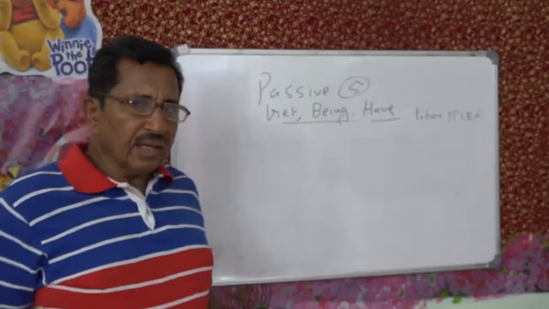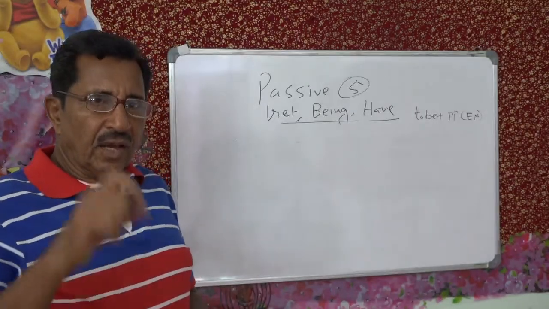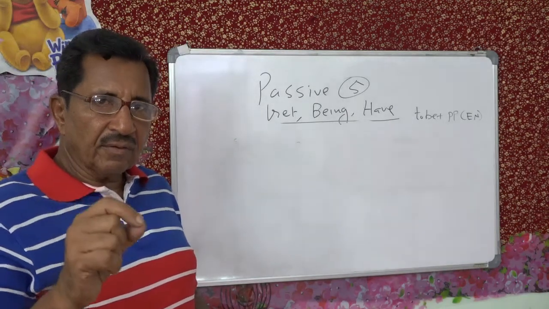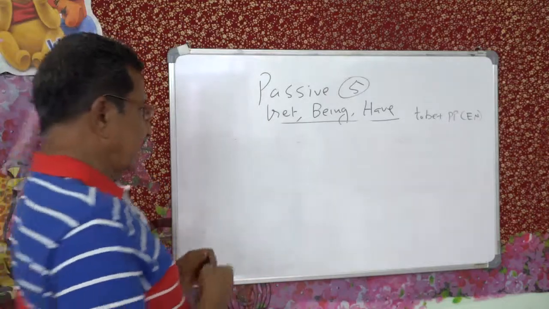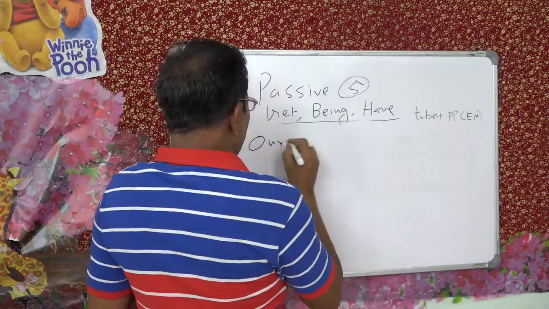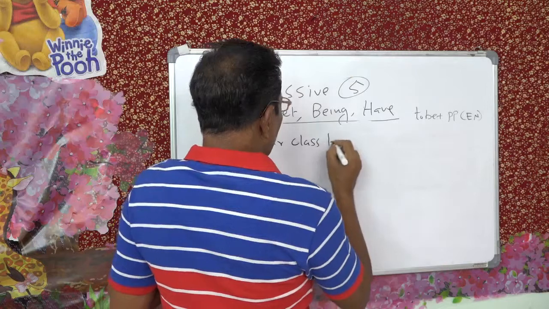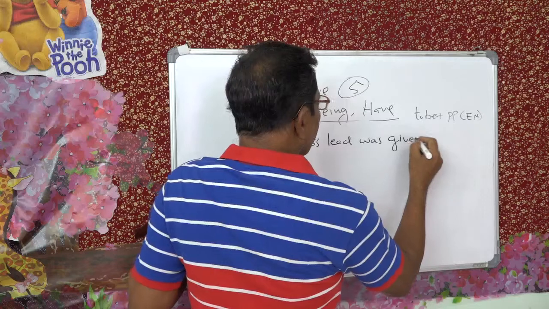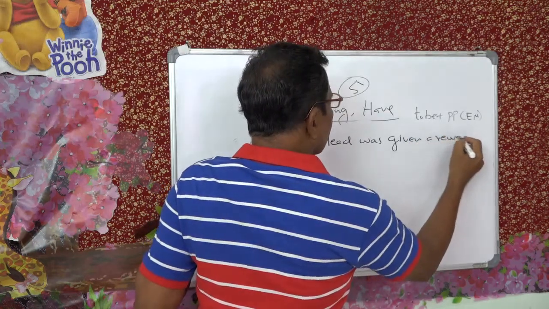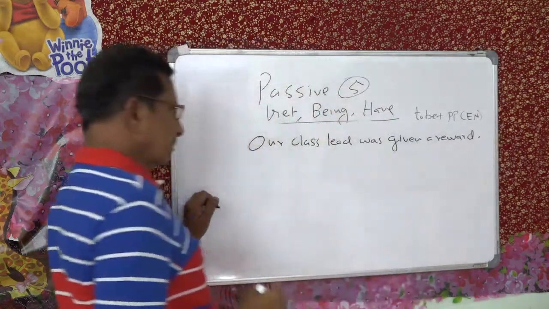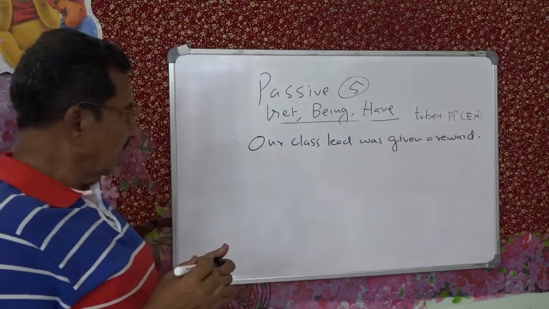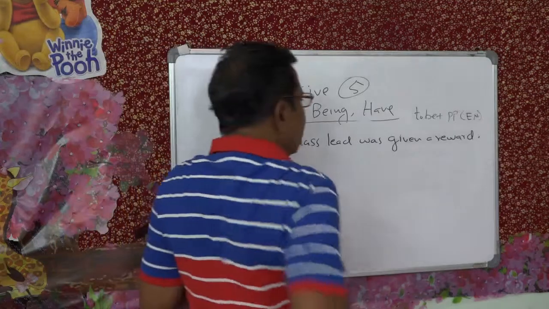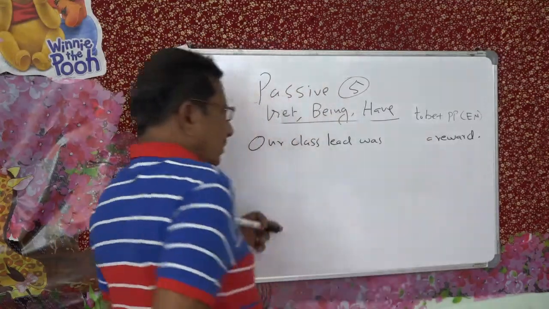Take this sentence: our class leader was given a reward. Here you can write: our class leader was rewarded. That's passive.